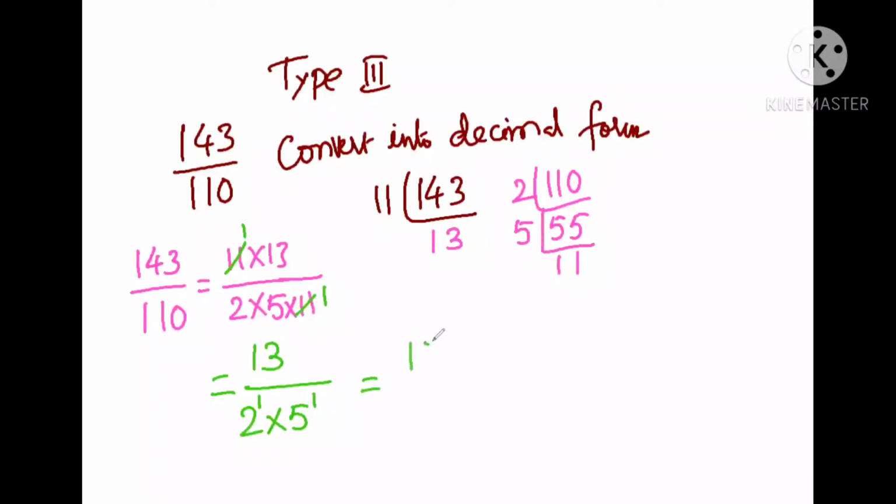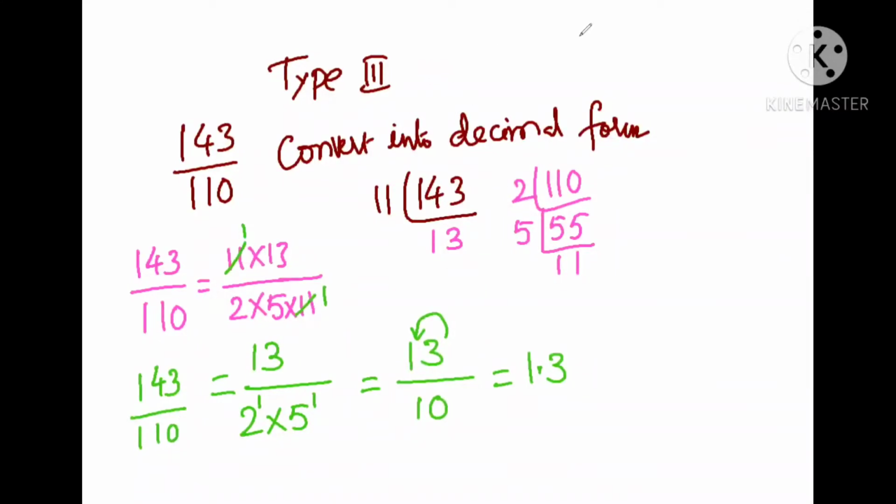Now you can write 13 by 2 into 5, which is 13 by 10. There is only one digit, 10, in the denominator, so starting from the right side, move to the left and keep the decimal after one digit. So the answer is 1.3. This is the decimal form of the rational number 143 by 110.